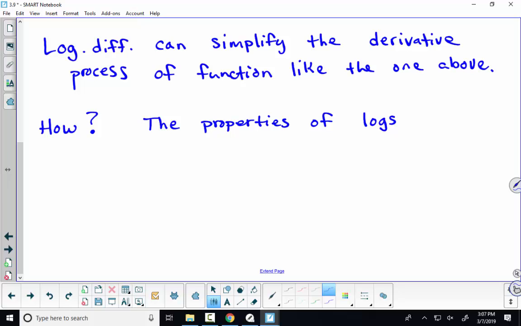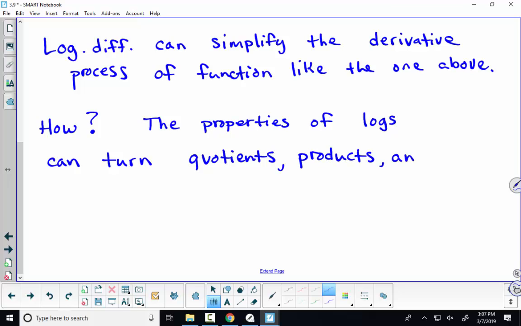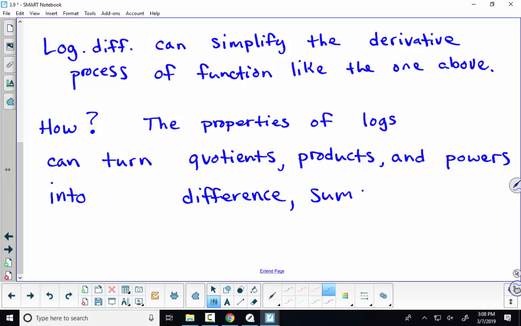The properties of logarithms can turn quotients, products, and powers into differences, sums, and multiplication, respectively.